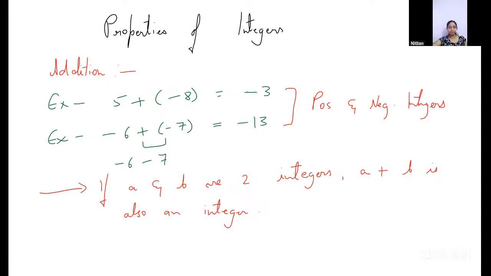Okay. Shriyan, Anna, done writing? Yes, ma'am. Okay. Then I'm clearing the screen and we will take a look at the next property. Now, take a look at another example.